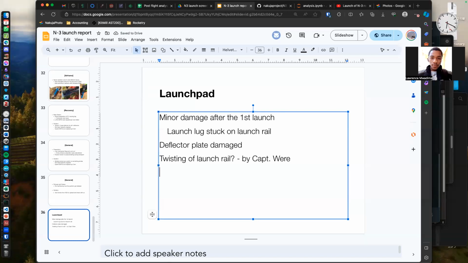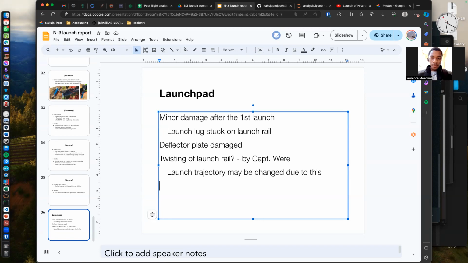He said that may be a result of some twisting moment, maybe caused by our thrust not being perpendicular to the rail, or the blast deflector affecting the direction of the rocket, causing a reaction such that the rocket comes out at an angle, hence causing that twisting moment on the base of the launch pad.